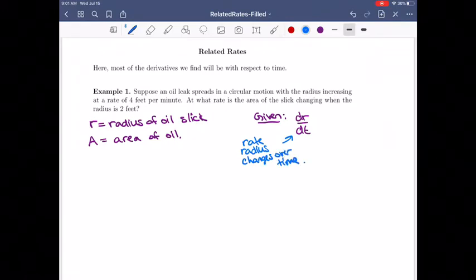Remember, the bottom part of these derivatives is telling us the variable that we're differentiating with respect to. We know this is increasing, so it's positive, and it's 4 feet per minute. I put a little plus sign to emphasize the fact that it's positive. When something increases, its derivative is positive.